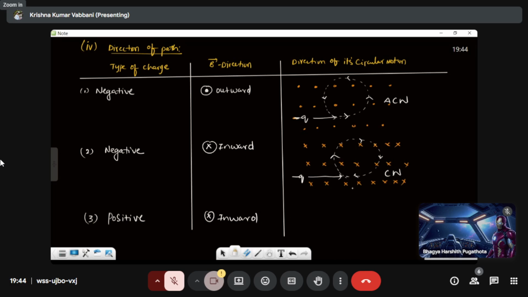You already know what this inward magnetic field is. The positive charge is moving like this. Of course, it will make a circular path, but the direction will be anti-clockwise.